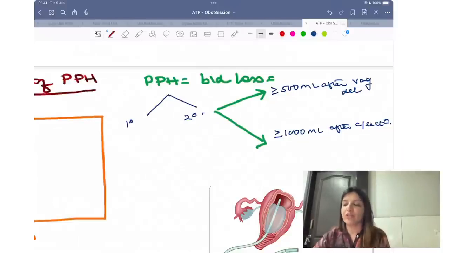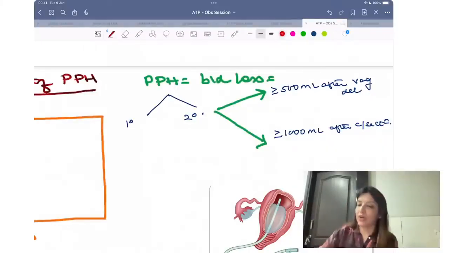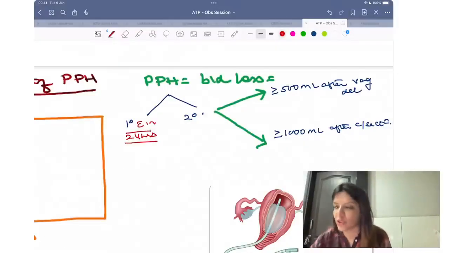What is primary PPH? When PPH happens within 24 hours. Excellent. Within 24 hours, that's primary PPH.